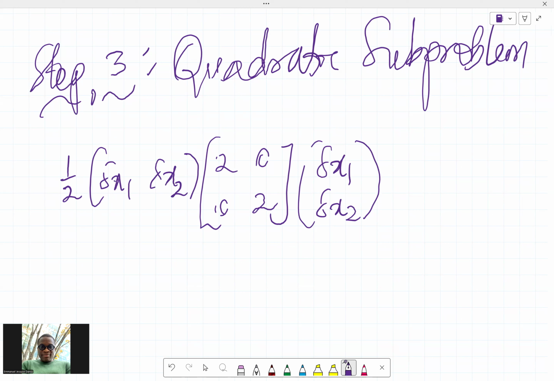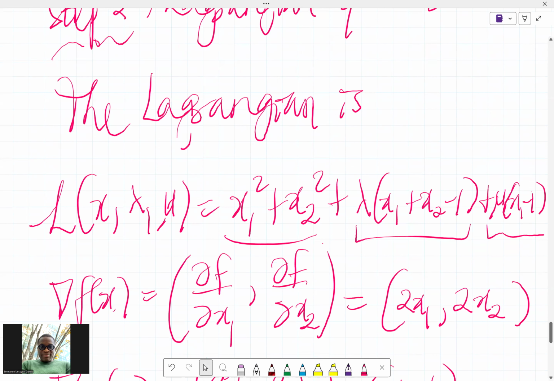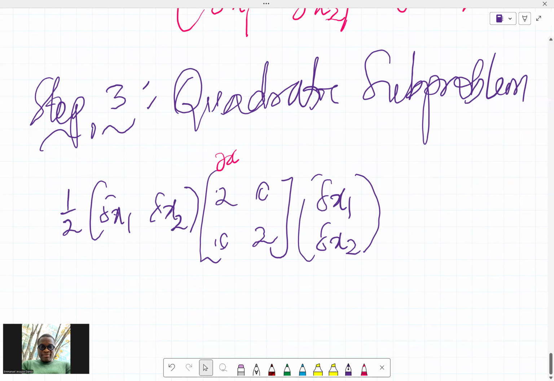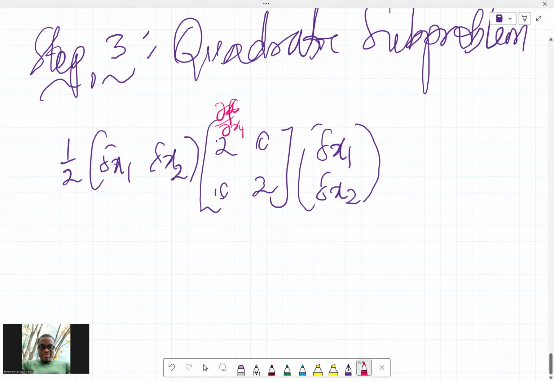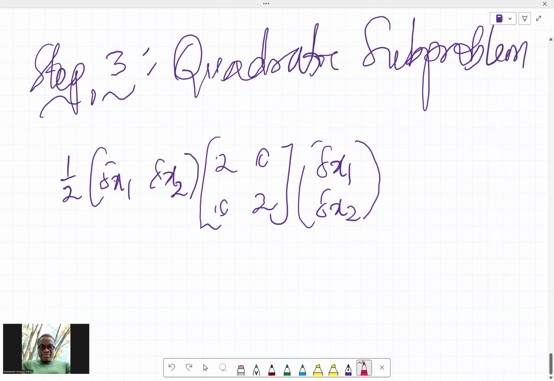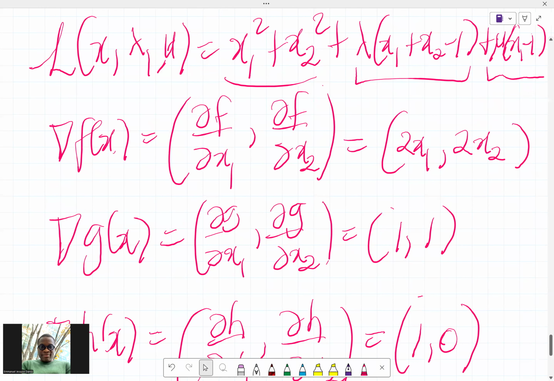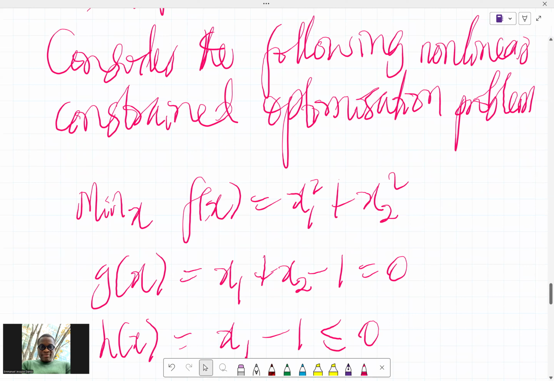If this is not so clear, imagine it as the original function, partial f partial x1 here and partial f partial x2 here.